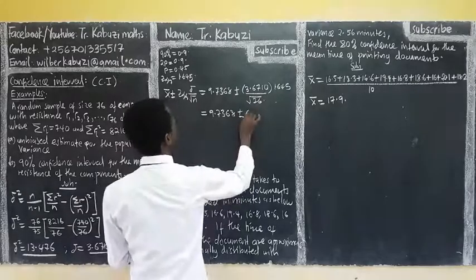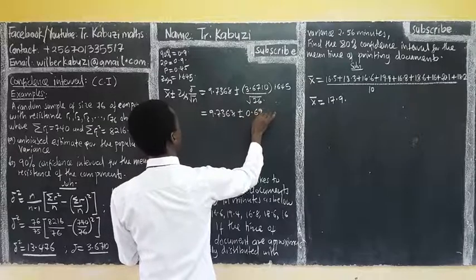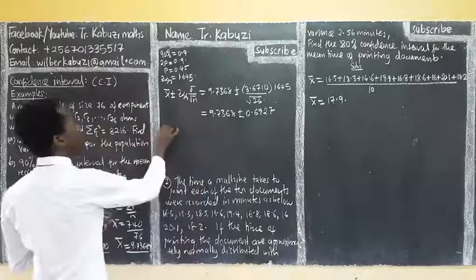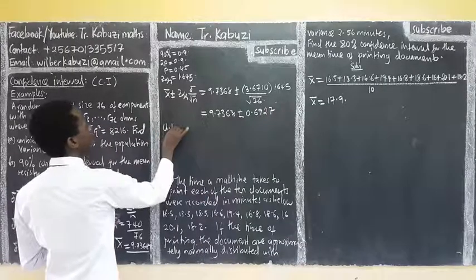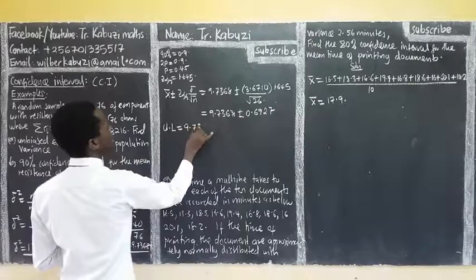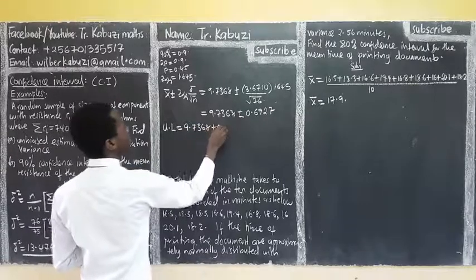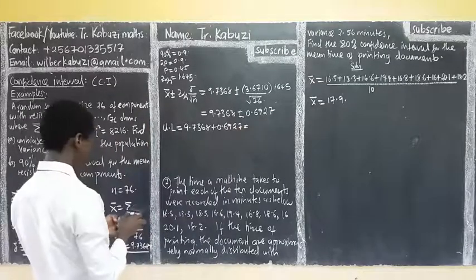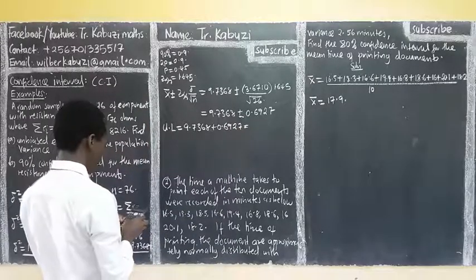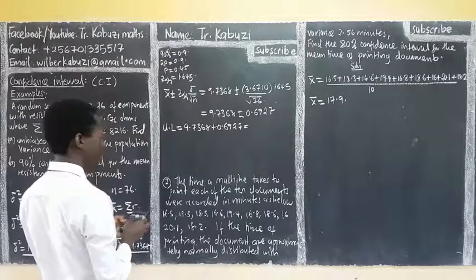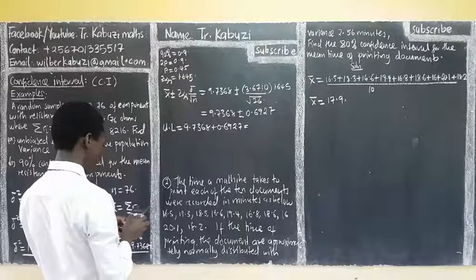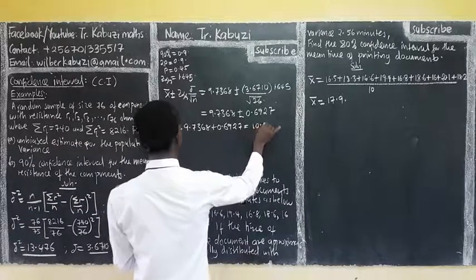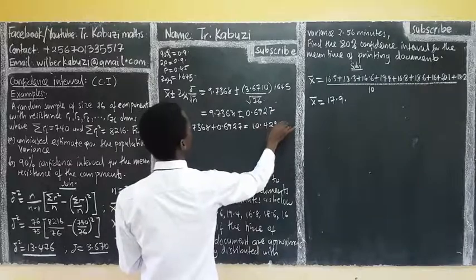So the answer I'm getting is 0.6927. Now my upper limit is going to be 9.7368 plus 0.6927, and that gives me 10.4295.